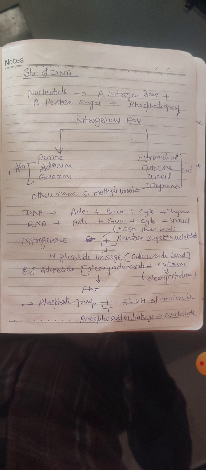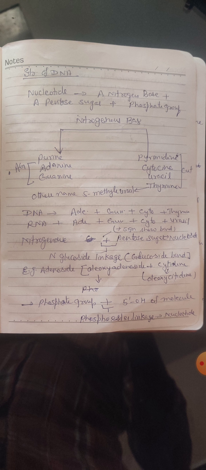Here, when the nitrogen base attaches to the first carbon atom with a bond, that bond's name is glycosidic bond. How is the nitrogen base attached to the pentose sugar? With a glycosidic bond.